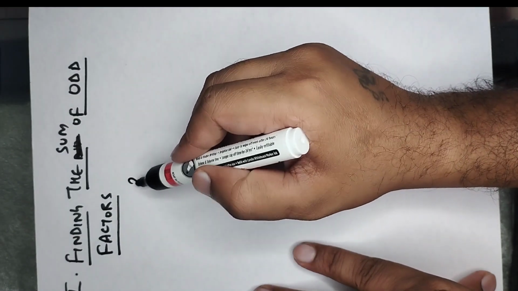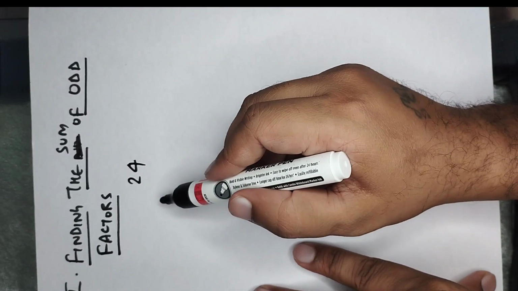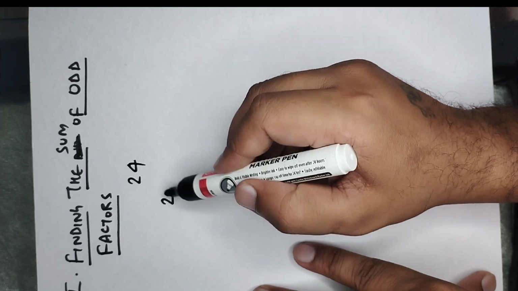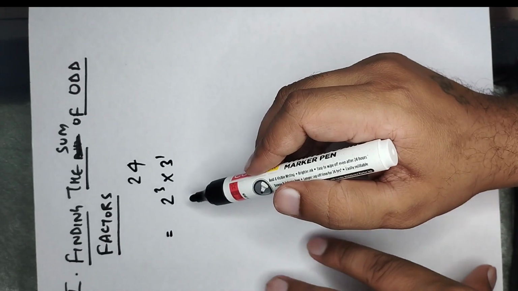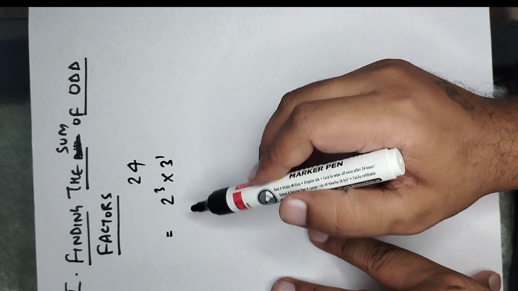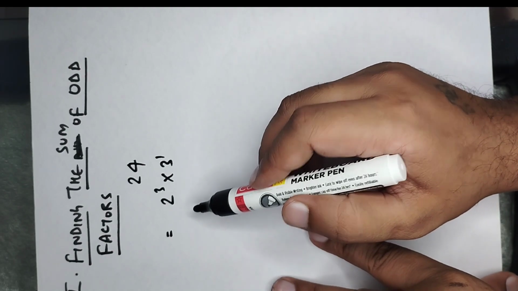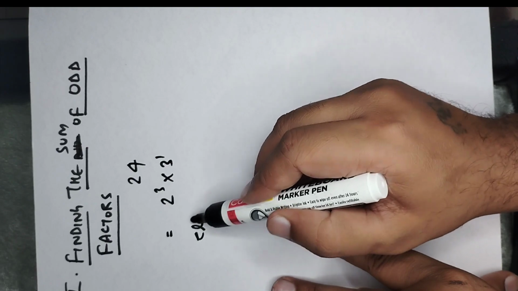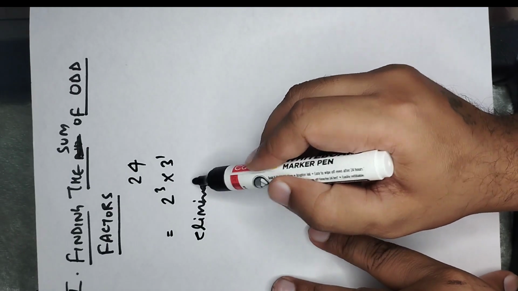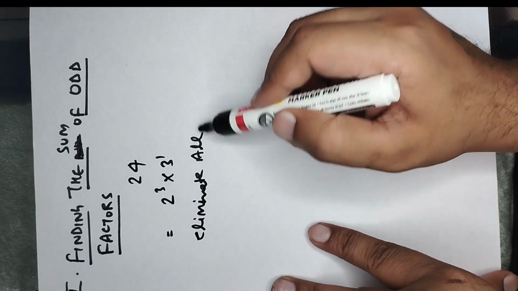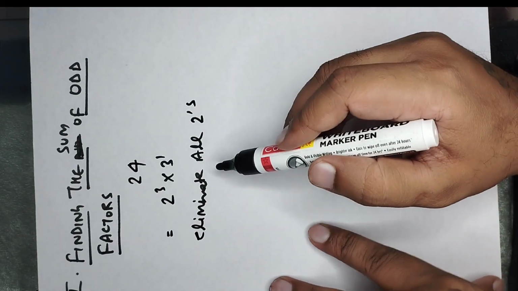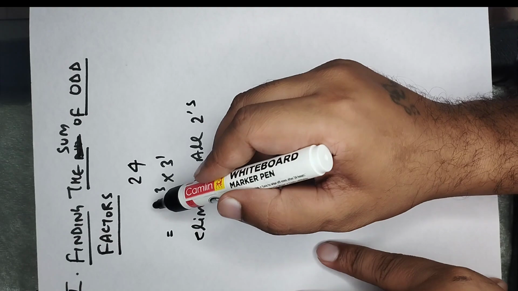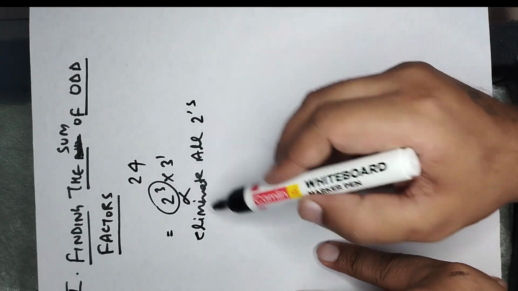again I am taking this example 24. Now this 24 is 2 raised to the power 3 into 3 raised to the power 1. As I have told earlier also, for finding the odd factors, we always have to eliminate all the 2's. Whatever number of 2's are there, you just have to eliminate them. So I can simply eliminate all these 2's.